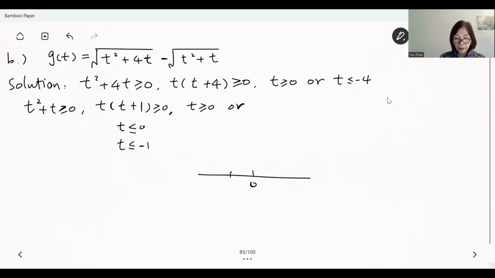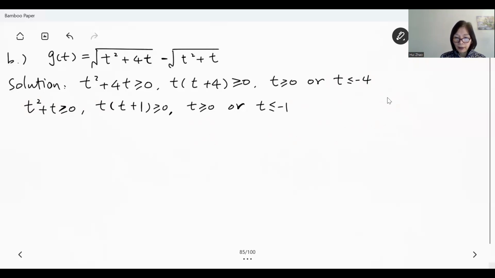So here is -1. It's less than, so to the left side. And at t less than -1, negative. So the common solution is t less than or equal to -1, right? Then this is the solution for the two terms.